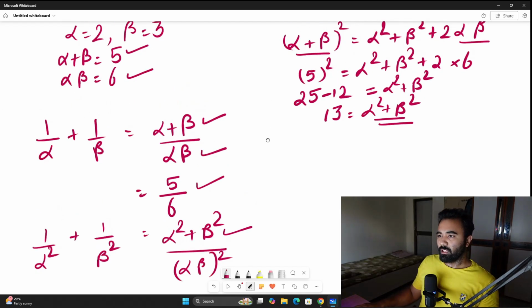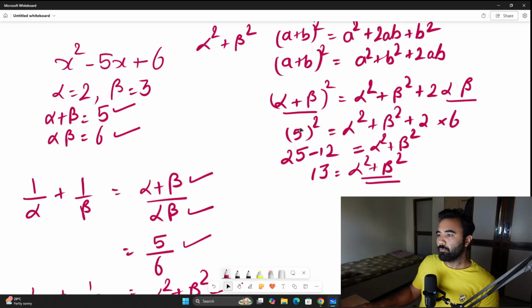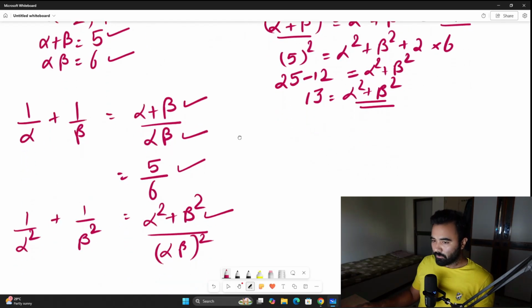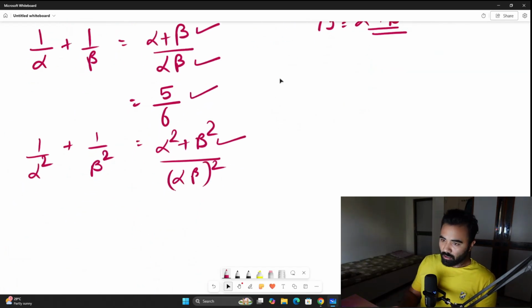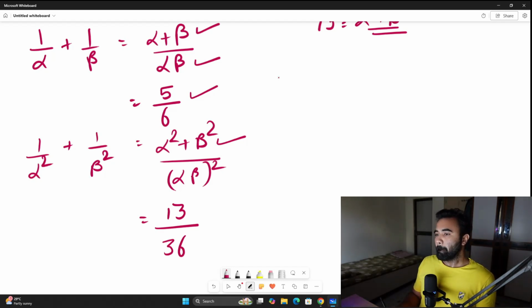If not already done, you need to repeat the whole procedure; otherwise, if you've already done it, you can take it from the question itself. So alpha square plus beta square is 13. We've already calculated it once. So 13 upon alpha beta, which is 6, whole square. 6 square is 36.